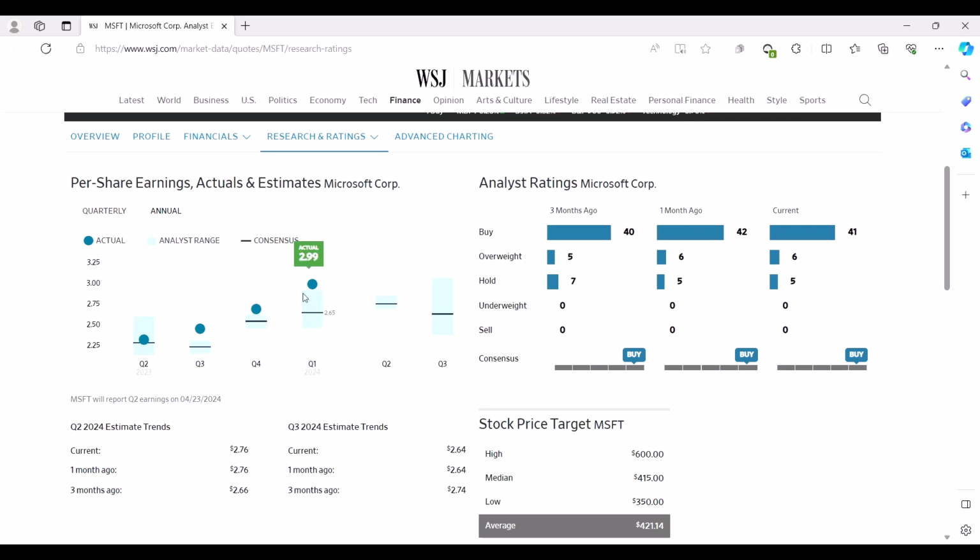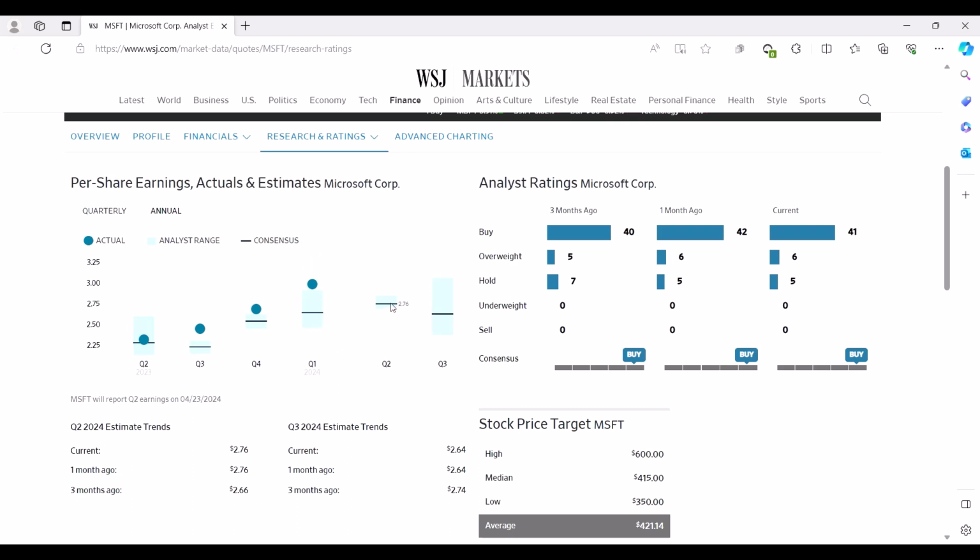You've got your analyst range, which is this blue part, your consensus, which is this middle black bar, and then what actually happened. They've consistently been outperforming their consensus, and in Q1 of 2024, they're actually outperforming the entire analyst range. And this is where it gets important: looking into the future.